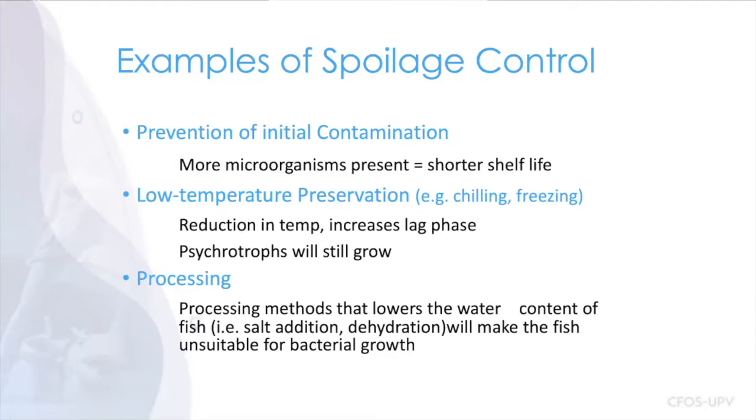Okay, and low temperature preservation like chilling and freezing means the reduction of the temperature of your product, no, and this may not totally stop enzymatic and microbial action, but at least it can reduce it to a significant level, no.